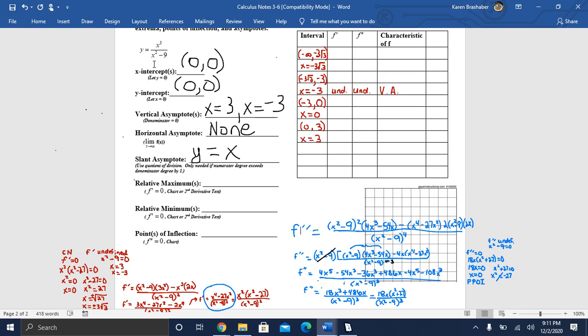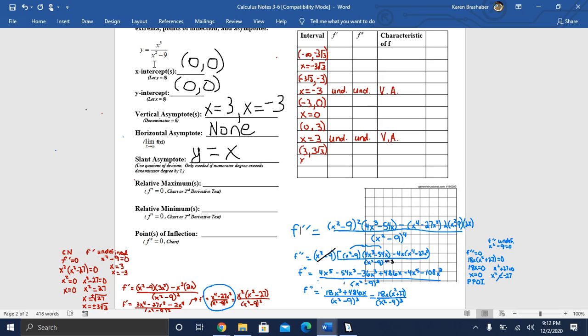Now this is our other vertical asymptote, so you could say that your f prime is undefined along with f double prime, and you've got a vertical asymptote at x equals 3. And then we'll go from 3 to 3 square root 3 as our next interval.